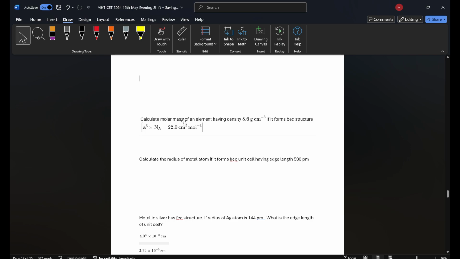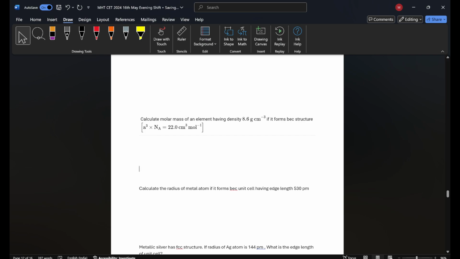Simple. Calculate the molar mass. Again, BCC structure. As you can see, the questions are repeating a lot. In different shifts, the same question has come, and I feel that even this year, this question you will typically find: molar mass, find the number of unit cells and all.